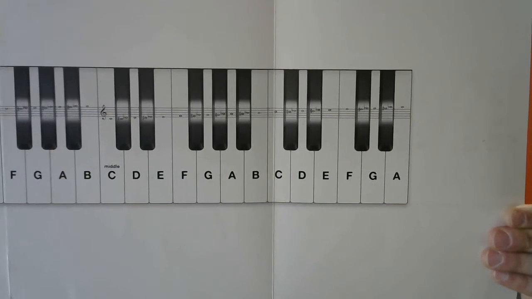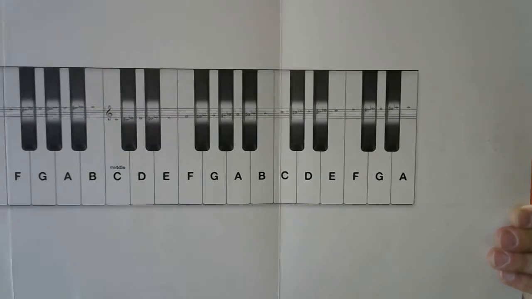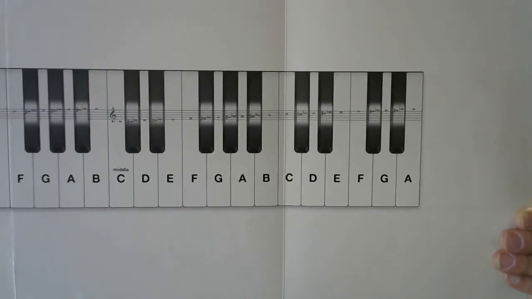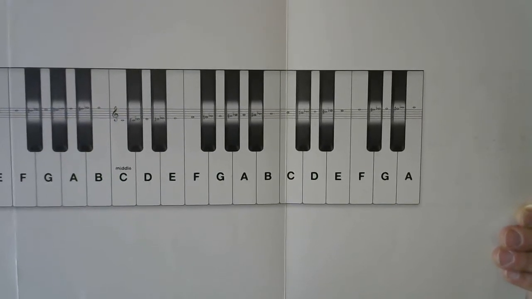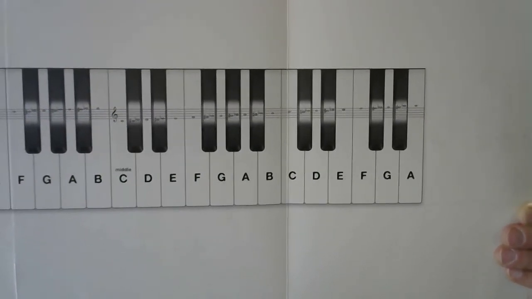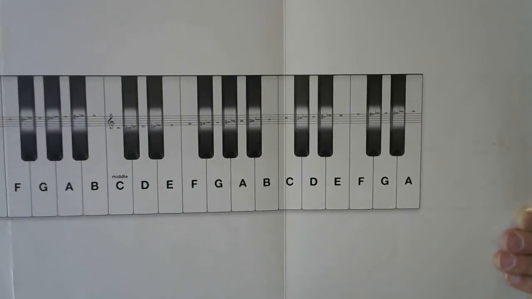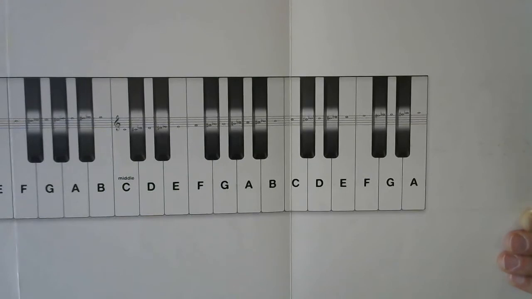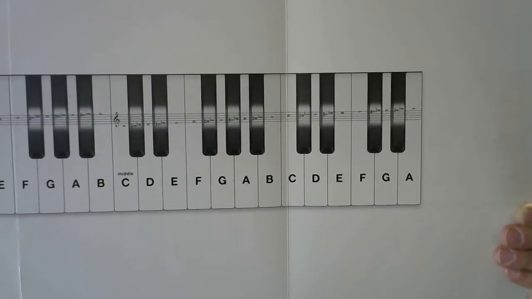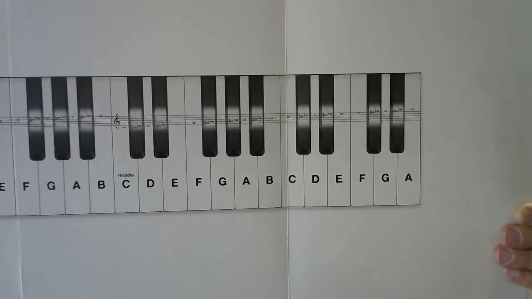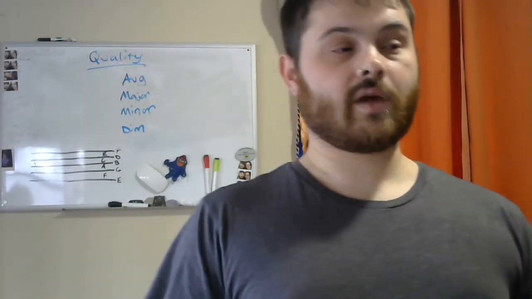So C to E is major third, C to E sharp or F is augmented third, C to E flat is a minor third, C to D is a diminished third or a major second if it's E double flat. Okay, so augmented, major, minor, and diminished.